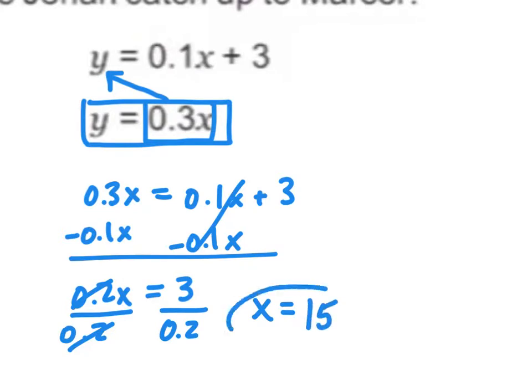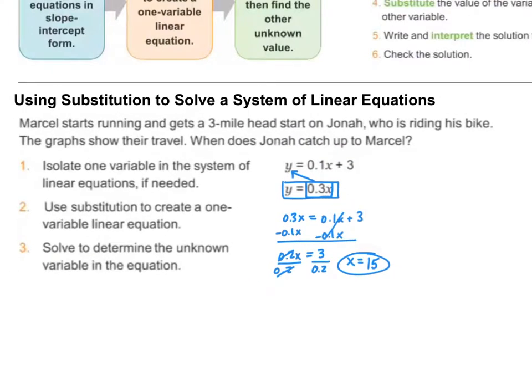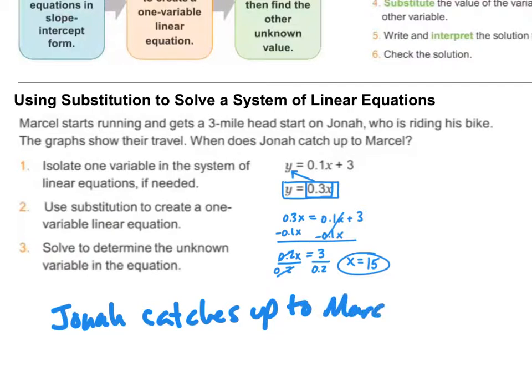So if x is equal to 15, then if we want to interpret our answer, we're trying to find the time. When does Jonah catch up with Marcel? We would say that Jonah catches up to Marcel at 15 minutes.